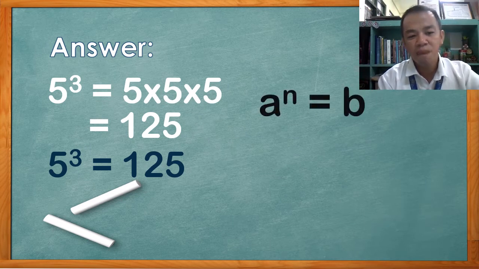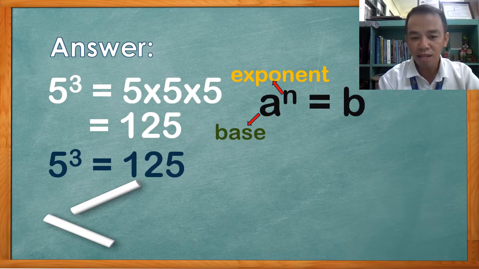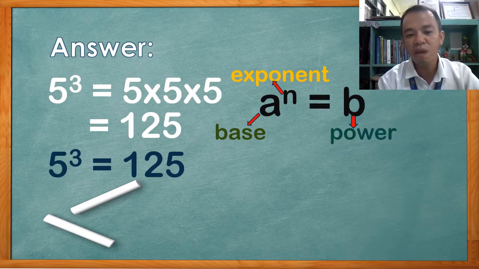Now, this 5 times 5 times 5 is basically from the discussion in your previous video. If you have a to the n, or a raised to the power of n, that is equal to b, where a is the base, n is the exponent, and b is the power.